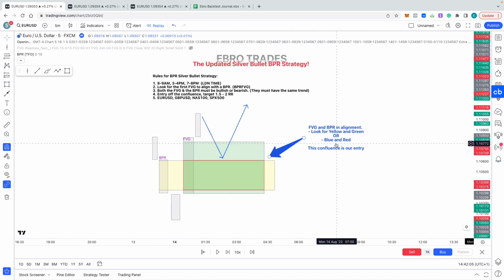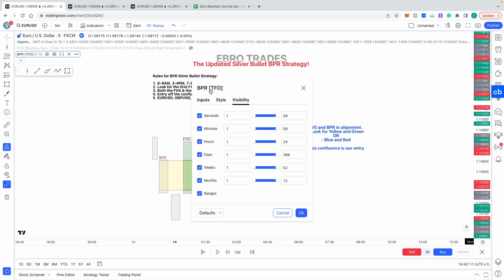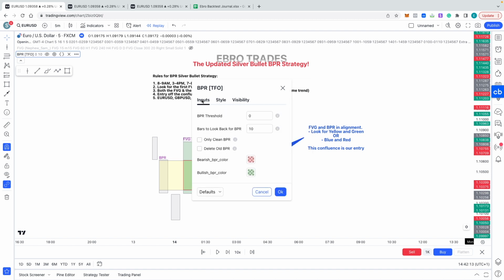What that means is the indicator that we use to look for balanced price ranges is this one over here. And what this indicator does is, for a bearish balanced price range, it will show it as red, and for a bullish balanced price range, it will show it as green.